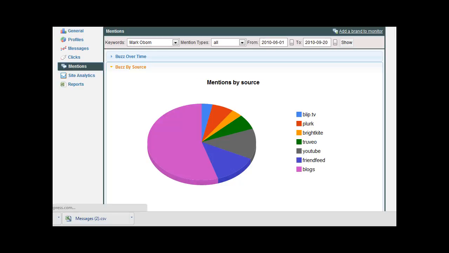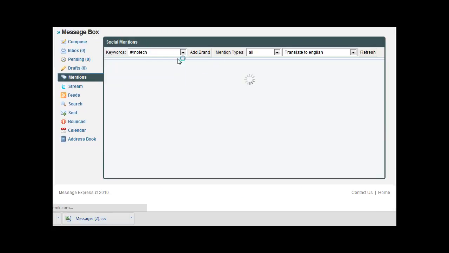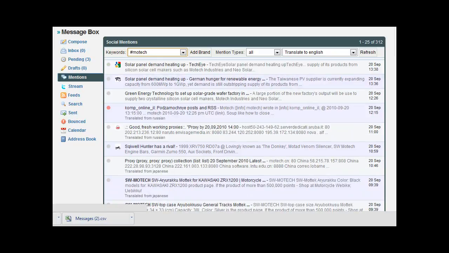And if I just go through to the messaging section, there's a very neat tool here for measuring your brand in a little bit more detail. So if I click on my name, Mark Oborn, this is monitoring the brand Mark Oborn, but you can also monitor your practice name or treatments, Invisalign, dental implants, tooth whitening. We can monitor various things here.